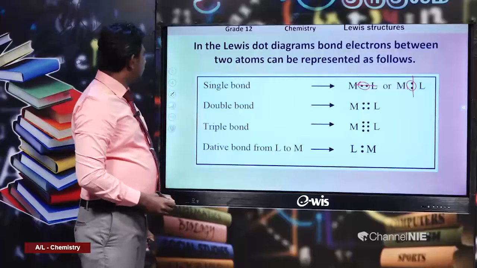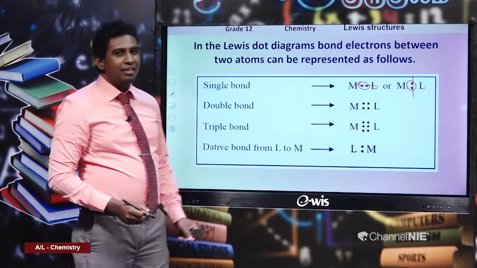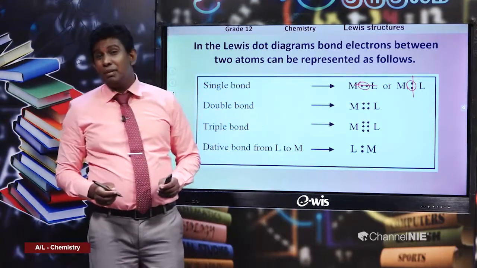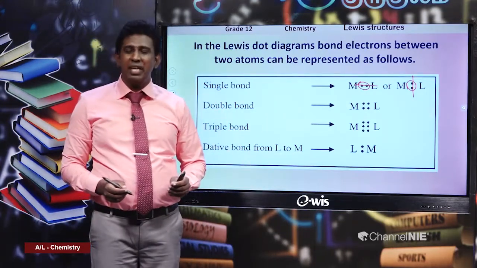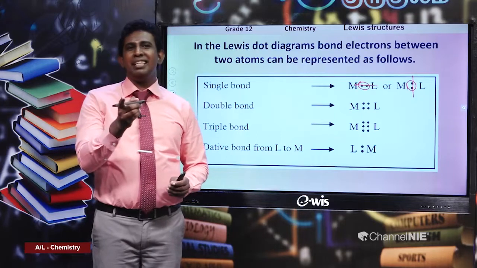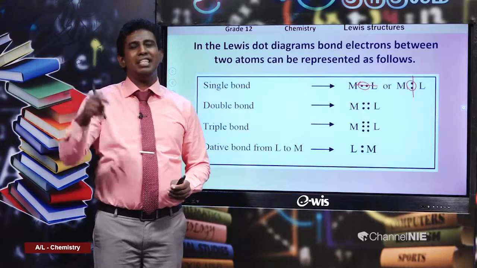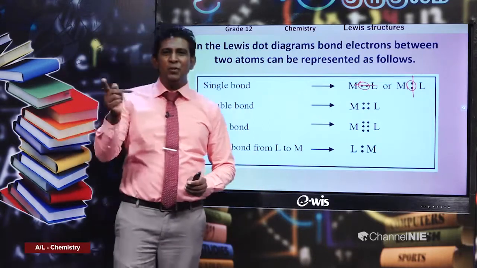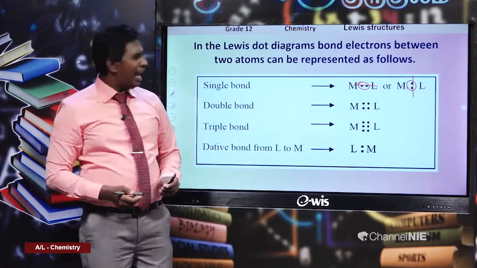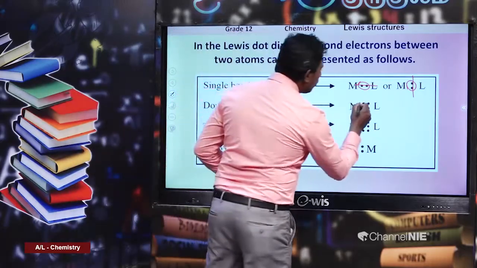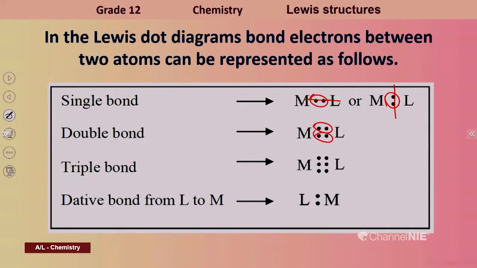You could find some atoms carrying double bonds, meaning having 2 bonds. When you have 1 bond, you get 2 electrons. If it's 2 bonds, 2 into 2 electrons. What's 2 into 2? It's 4, right? Those 4 electrons you could show as a double bond, or in this form, a triple bond.